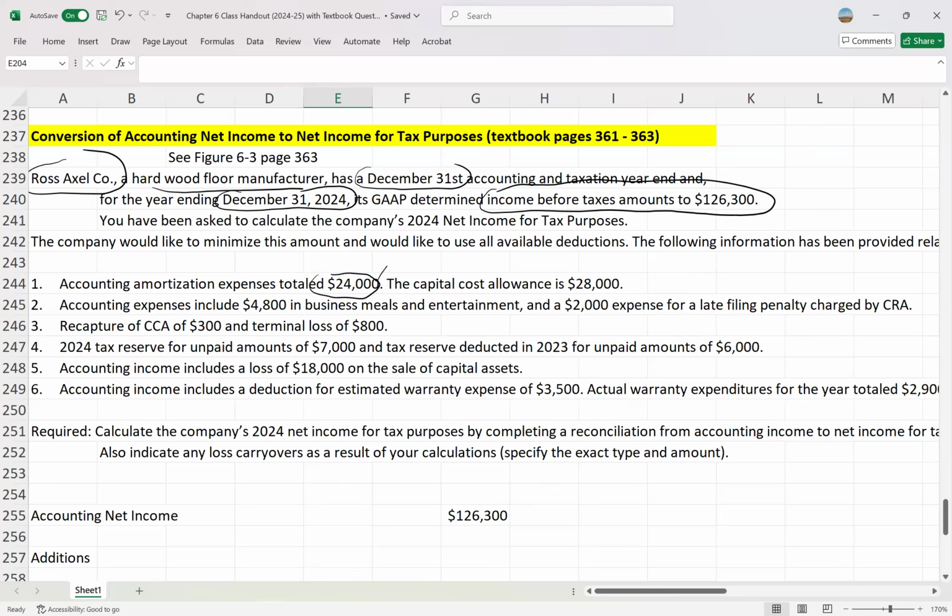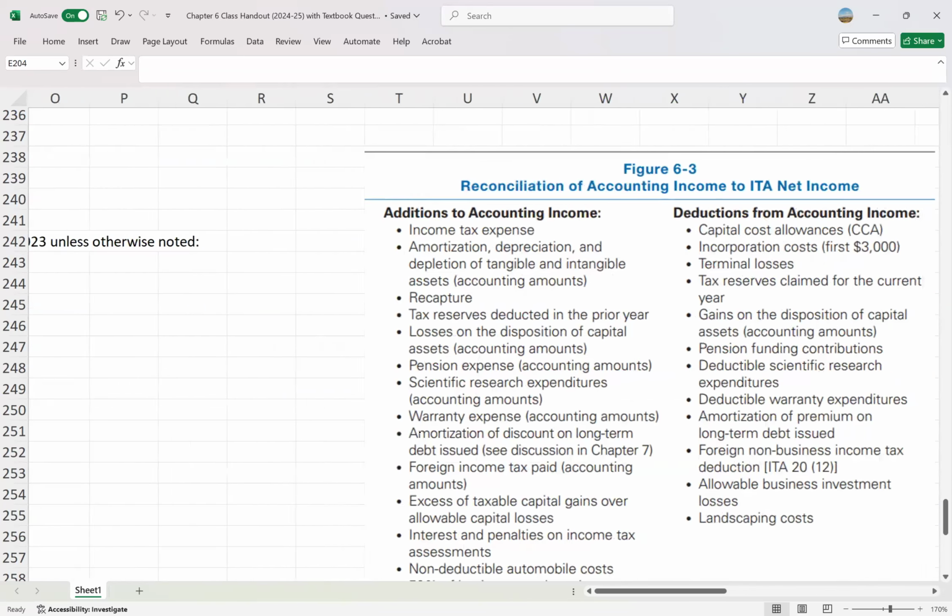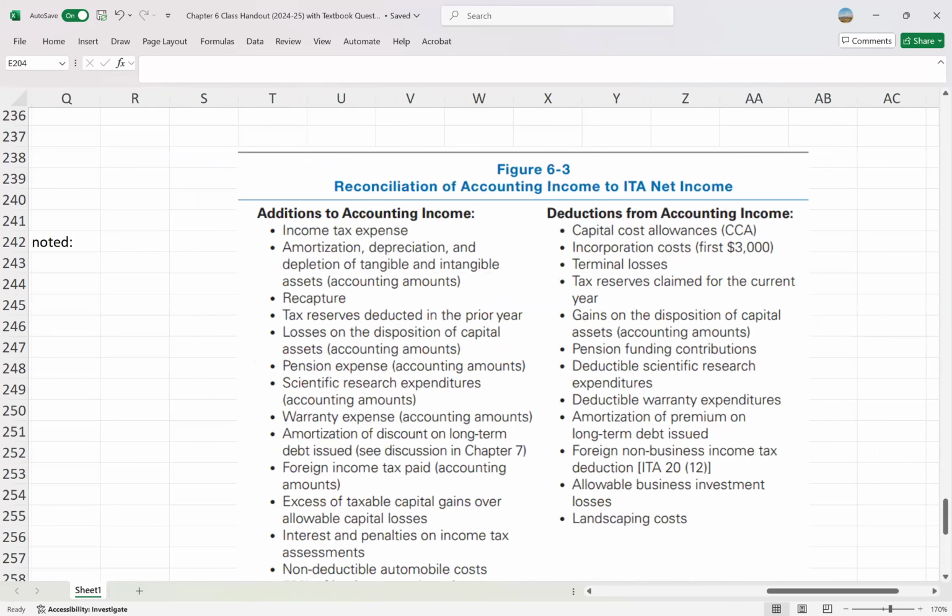So in their accounting financial statements, they deducted accounting amortization of $24,000. And we know that the CCA that they're allowed to deduct this year is $28,000. So those calculations have been done for us. Once again, if you look at figure 6-3, we have to add back accounting amortization, but then we get to deduct CCA.